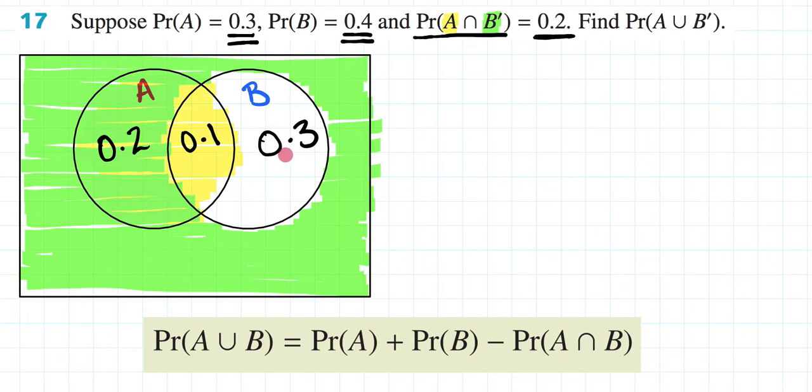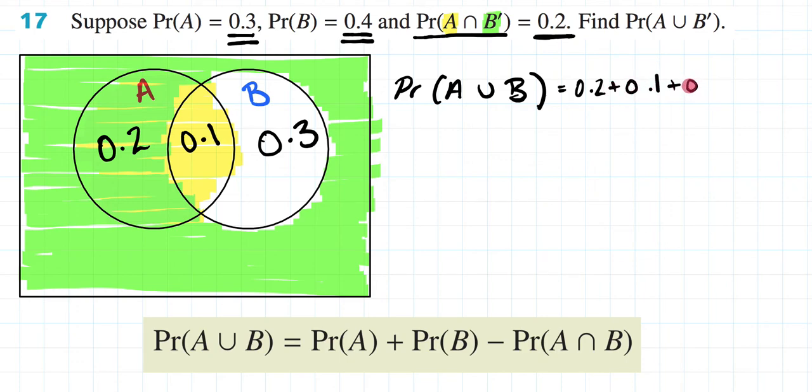Now I should be able to figure out the probability of A union B. It should be 0.2 plus 0.1 plus 0.3 equals 0.6. I did that just by adding up everything there.